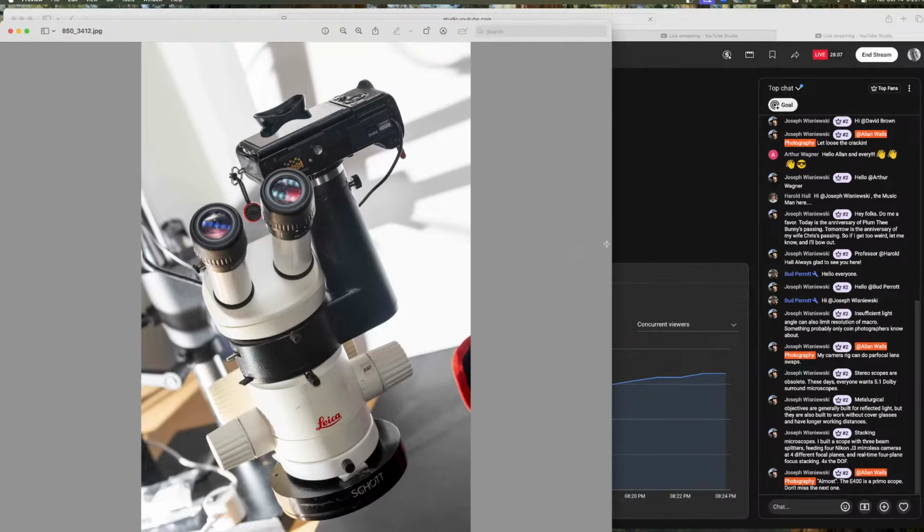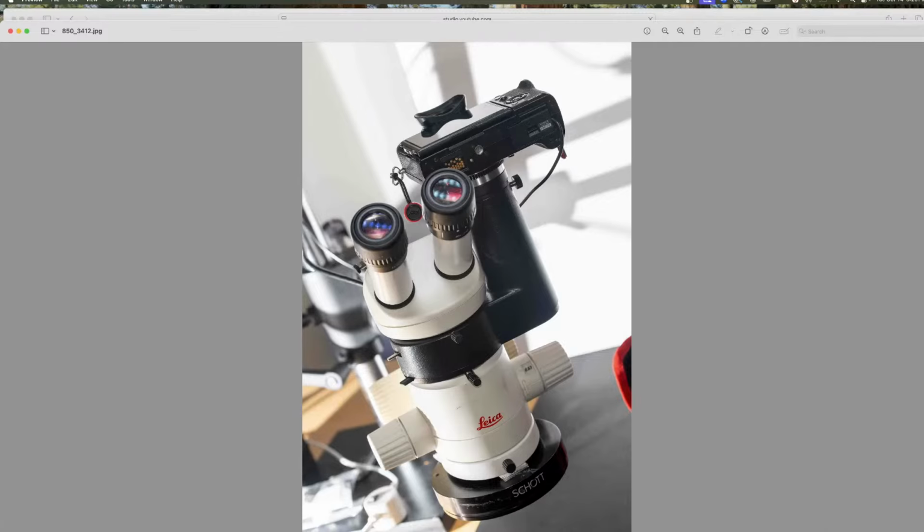This is a stereo zoom microscope by Leica in this case. Not particularly high power, but extraordinarily good optics in it. And I have a camera tube on there so I can take pictures, which I do very frequently on a daily basis.